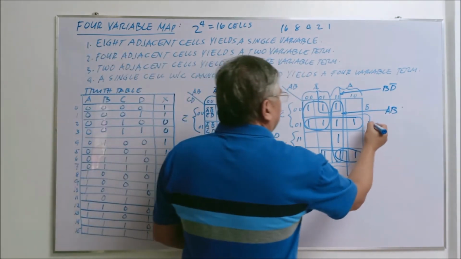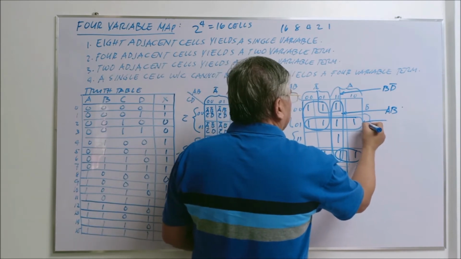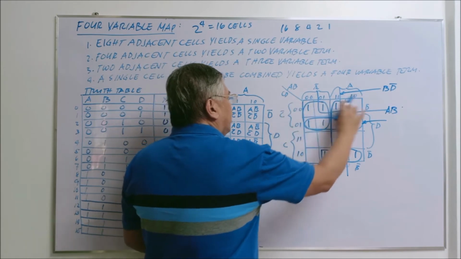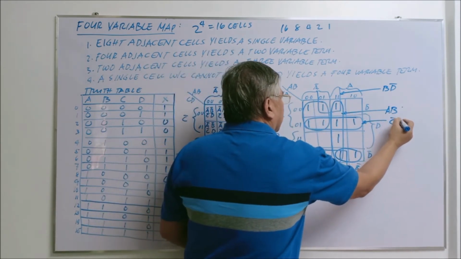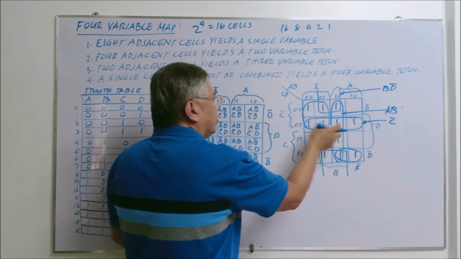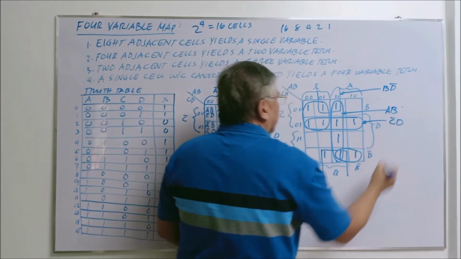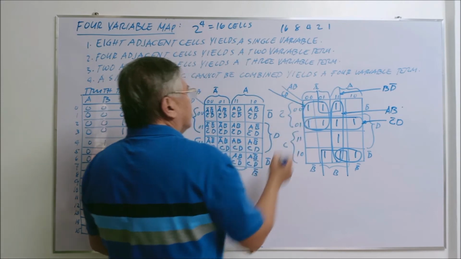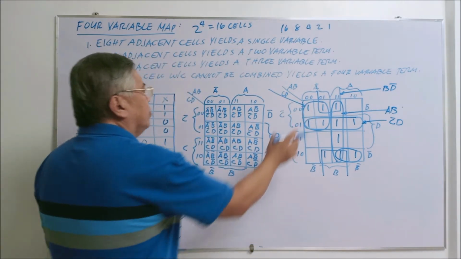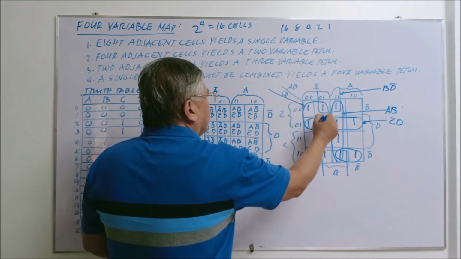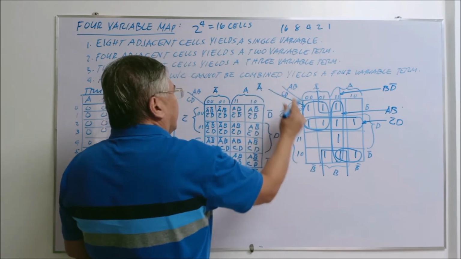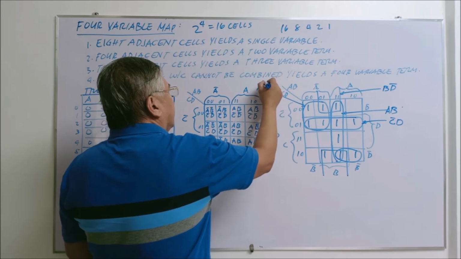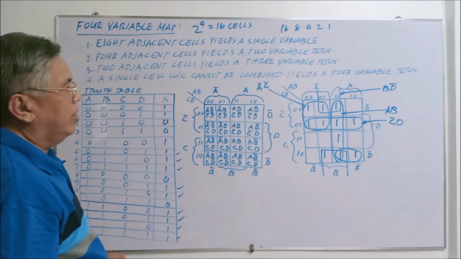And then this one here, this line, this belongs to C bar. At the same time belongs to D. Okay, how about this one? The square. This belongs to A bar. And at the same time belongs to C bar. Okay?